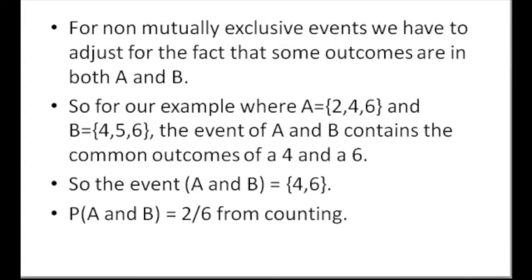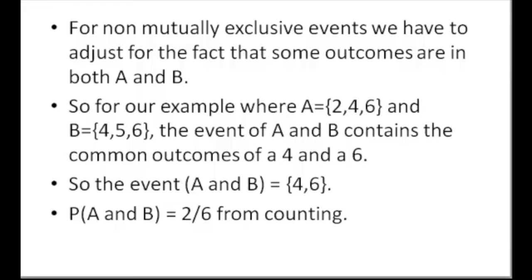For non-mutually exclusive events, we cannot just add probabilities. We have to adjust for the fact that some outcomes are in both A and B. So for our example where A is the set of 2, 4, 6 and B is the set of 4, 5, 6, the event of A and B contains the common outcomes of a 4 and a 6.